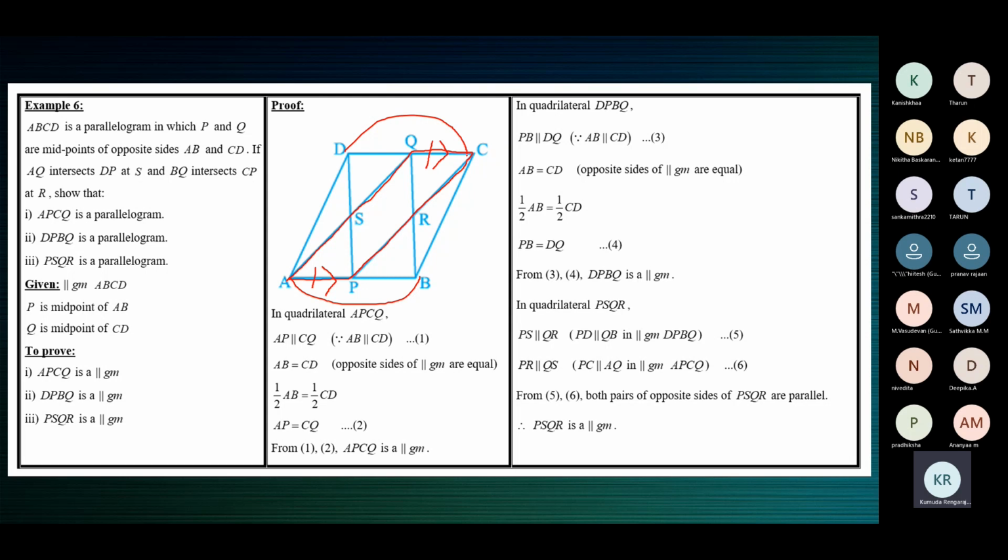If you don't know the midpoint, or if the angle is not bisected, then you cannot use half, because you don't know half of the angles.